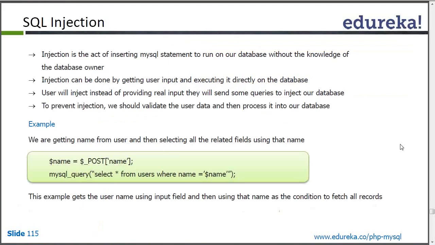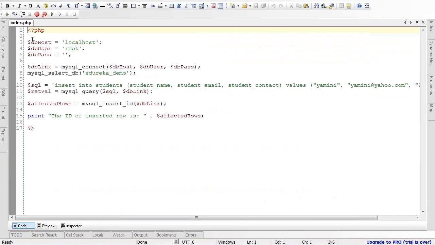So here you can see, I'm running my MySQL query, select star from users where name is equal to $name. So let's take a form.